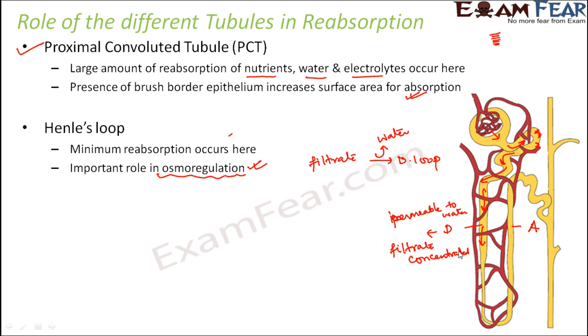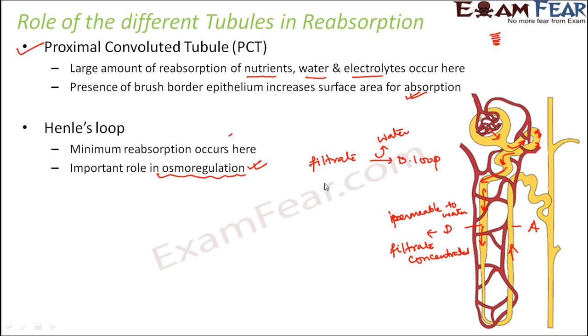But when the same filtrate enters the ascending loop, the opposite process happens. In the ascending loop, the filtrate will tend to lose ions. When it loses ions, it tends to get diluted.